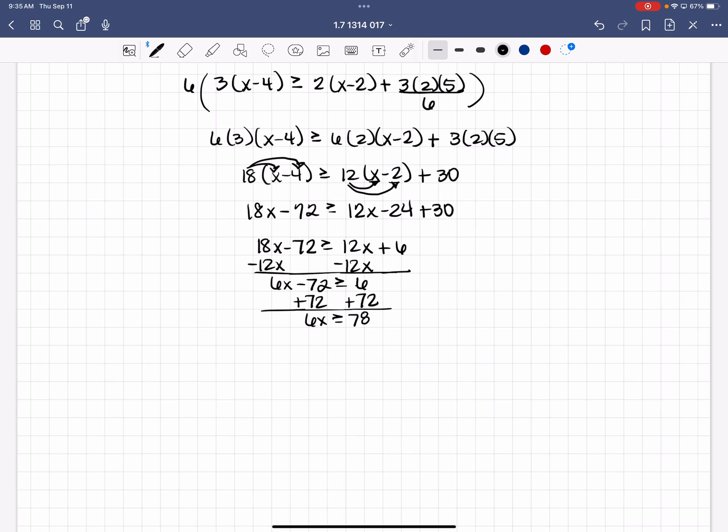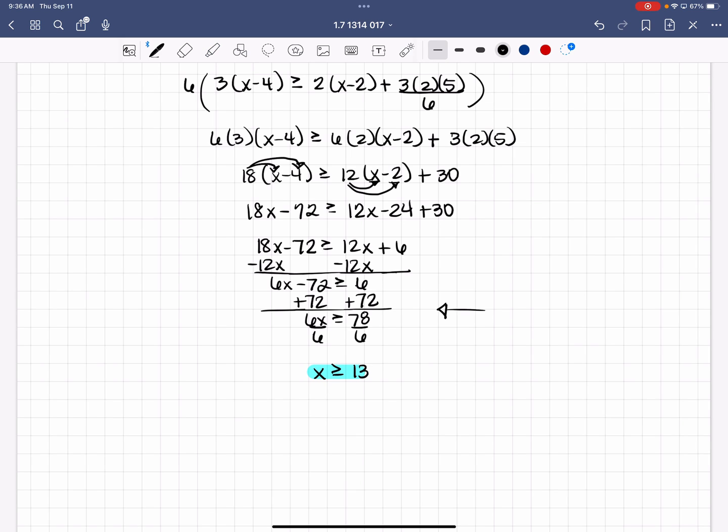Divide both sides by 6. Do I have to flip my sign this time? No. I get x is greater than or equal to 13. Good. There's your first part.